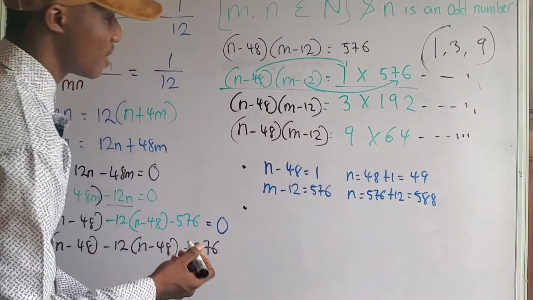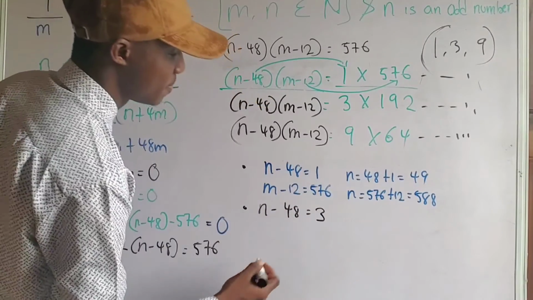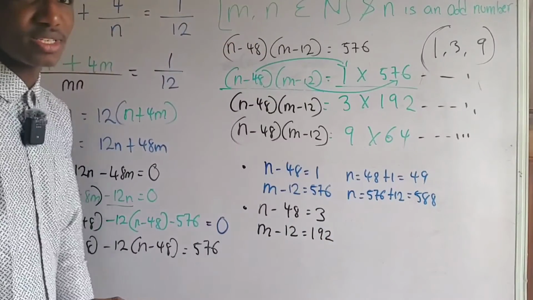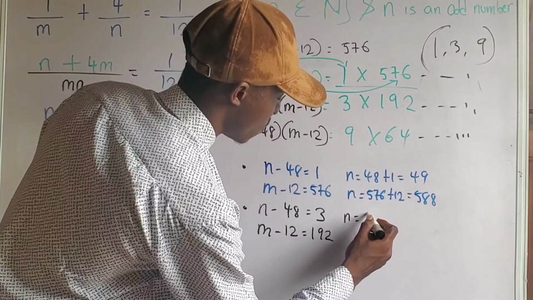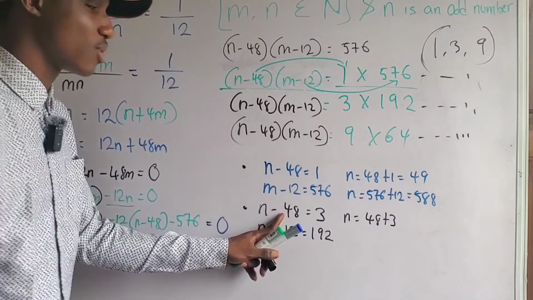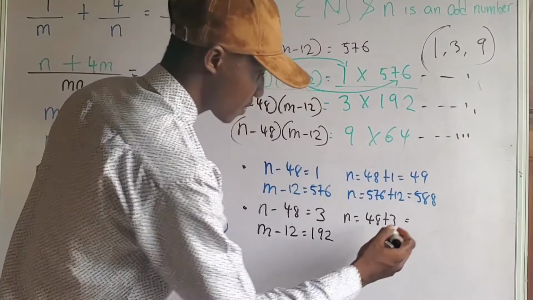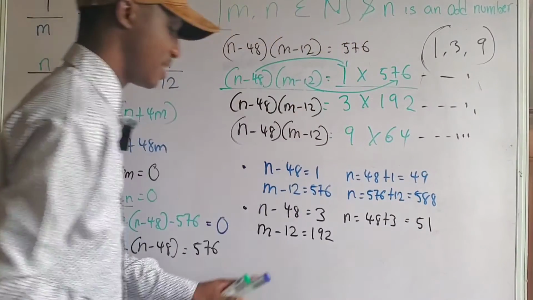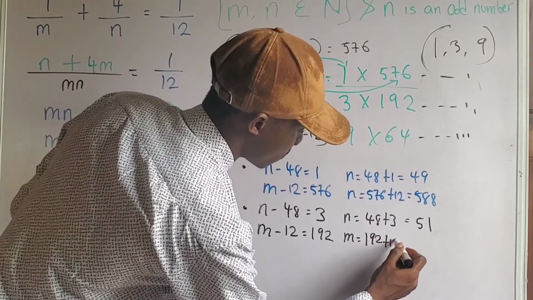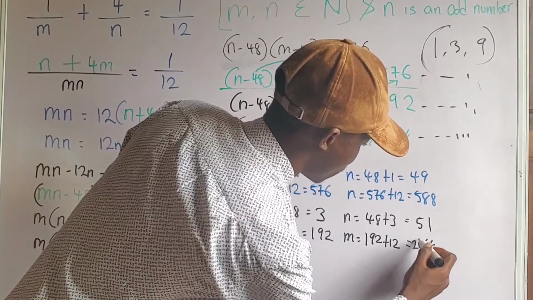So n minus 48 equals 3, and m minus 12 equals 192. So n equals 48 plus 3, because negative 48 crossing the equals sign becomes positive 48, which is 51. And m equals 192 plus 12, which is 204.